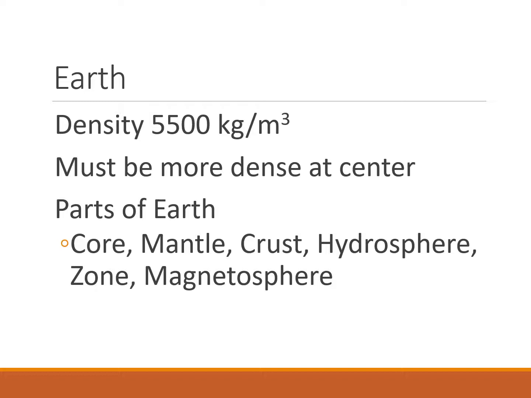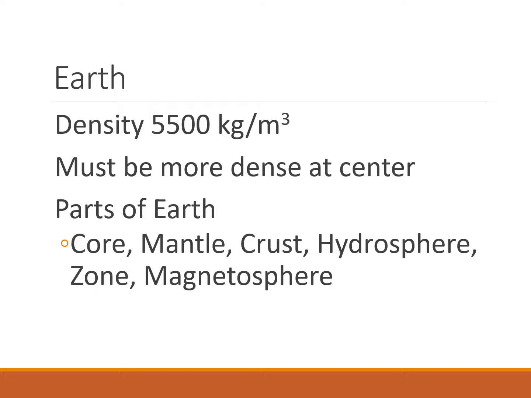Basically that's how we figured out that it has to be more dense at the center, by looking at the density of rock and then comparing it to the overall density of the Earth. We can also determine that there's something at the center of the Earth by looking at how the S waves and the P waves move through the Earth after an earthquake. I'm going to leave that though for your geology teachers to cover.